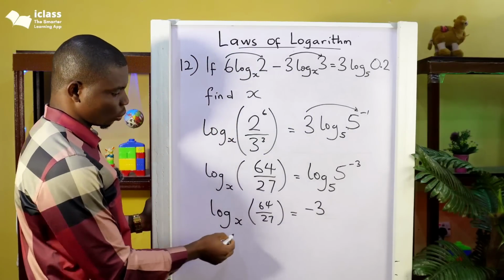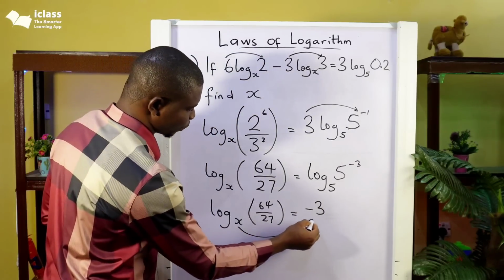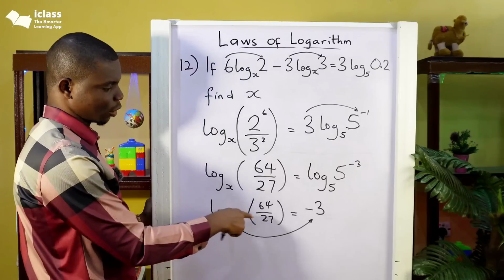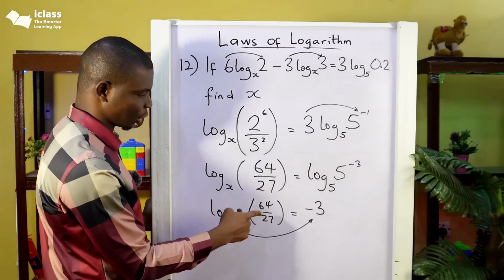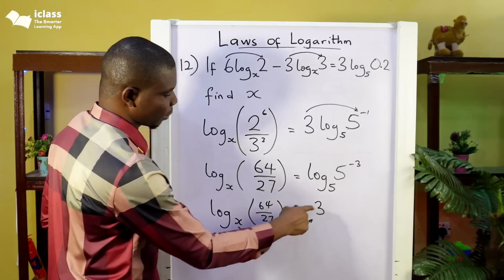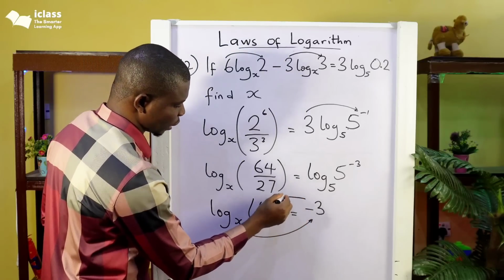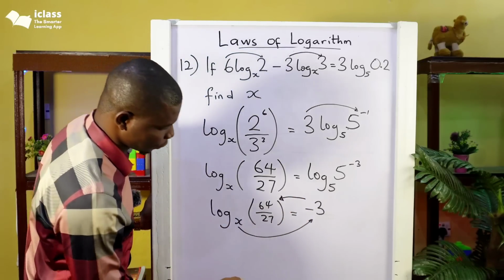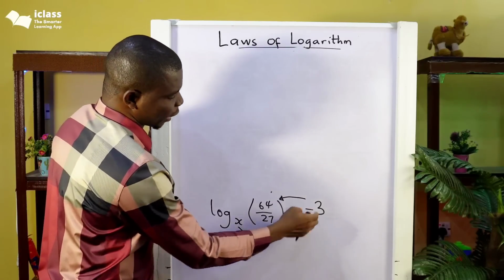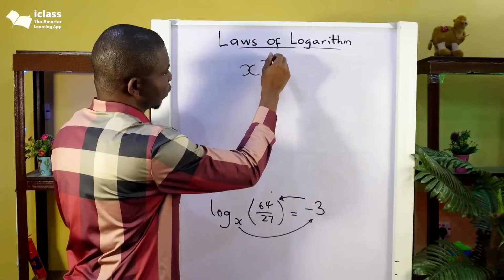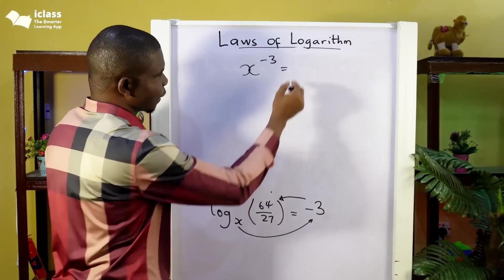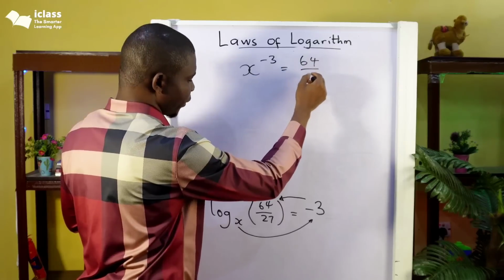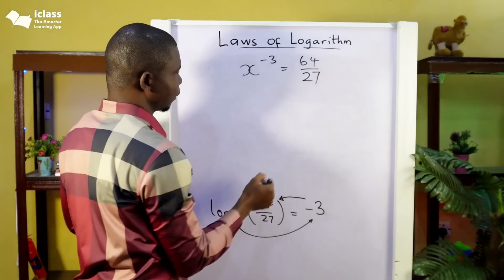So from here, we can change this from a logarithm equation to an index equation, so that x raised to power minus 3 is equal to 64 over 27.